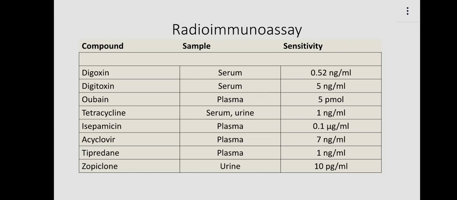What we have is just a very small example of drugs which have been assayed by radioimmunoassay methods, the samples on which this is applied, and then the sensitivity. And you can see we are talking of very small concentrations where this method has been used.